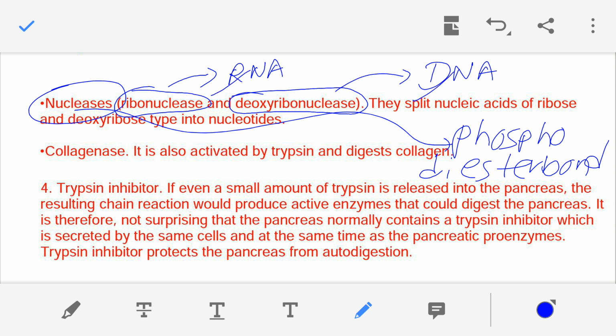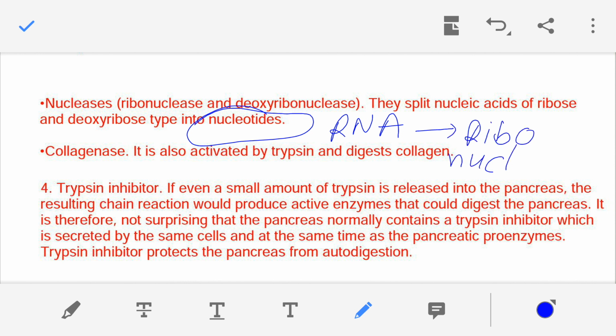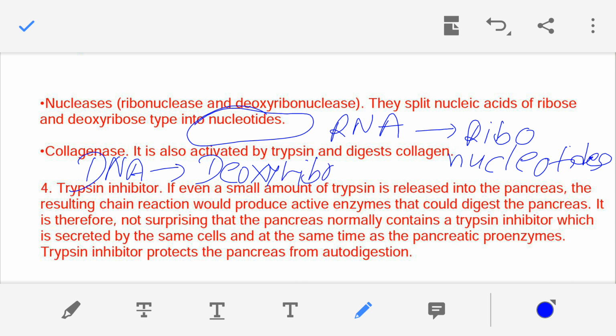They break the phosphodiester bonds of RNA and DNA. Once the phosphodiester bonds are broken down, nucleotides are released. From RNA, ribonucleotides will be released, and from DNA, deoxyribonucleotides will be released.